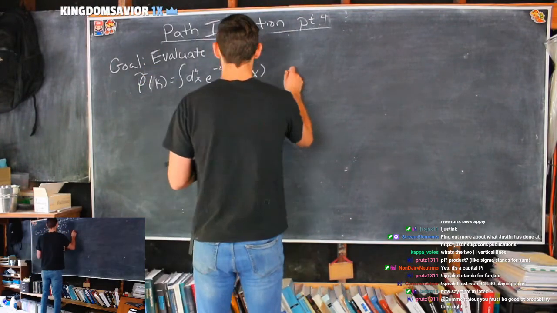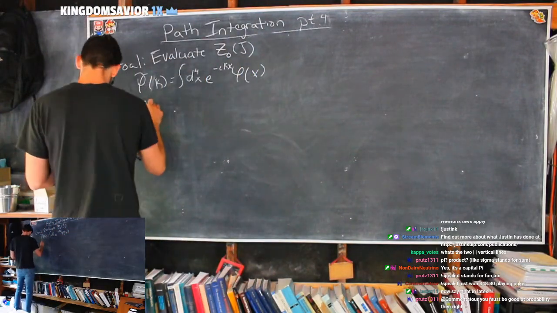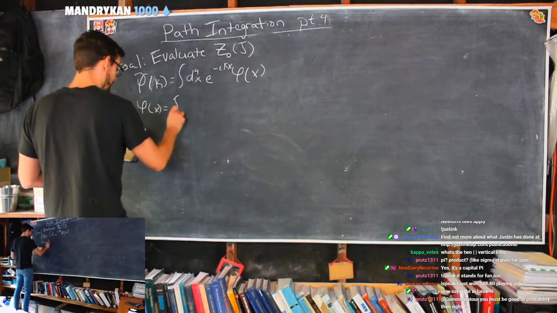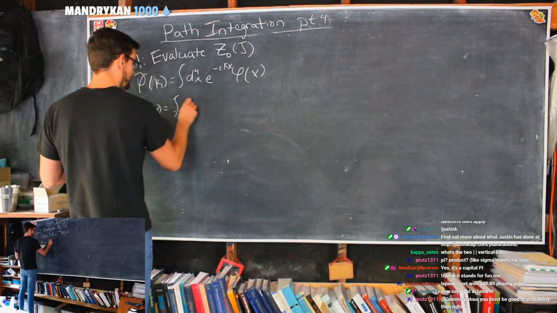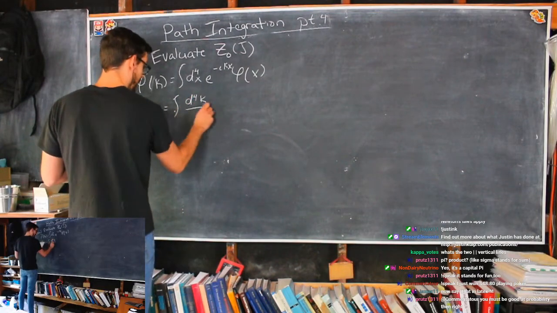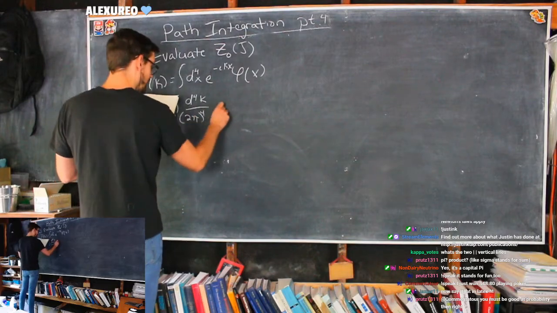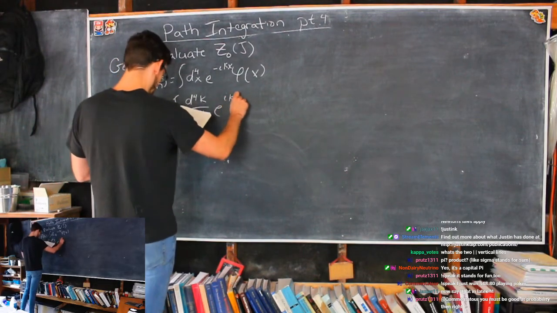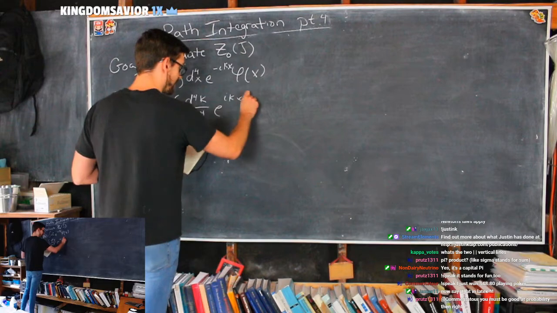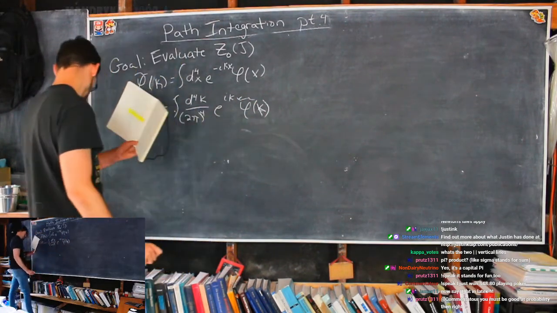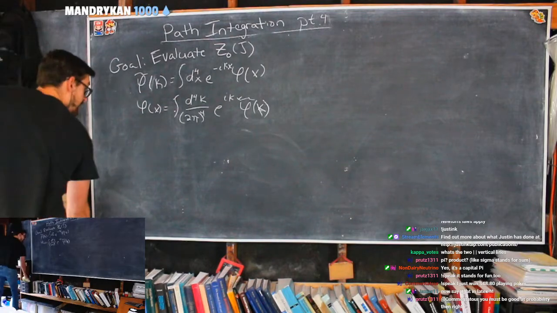And what's our other variable? It's going to be phi of x equals the integral of d4k over 2 pi to the 4th, e to the i k x, squiggle phi of k. Whew. Okay, there's our Fourier transform. Not too bad.